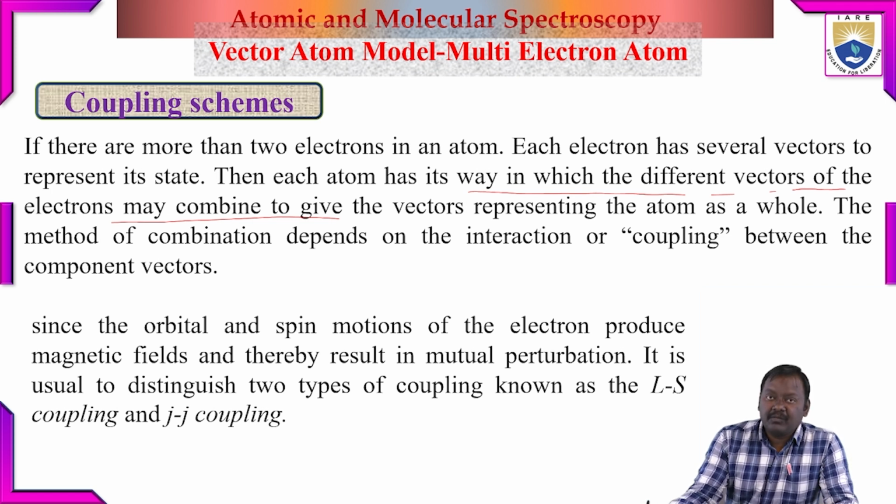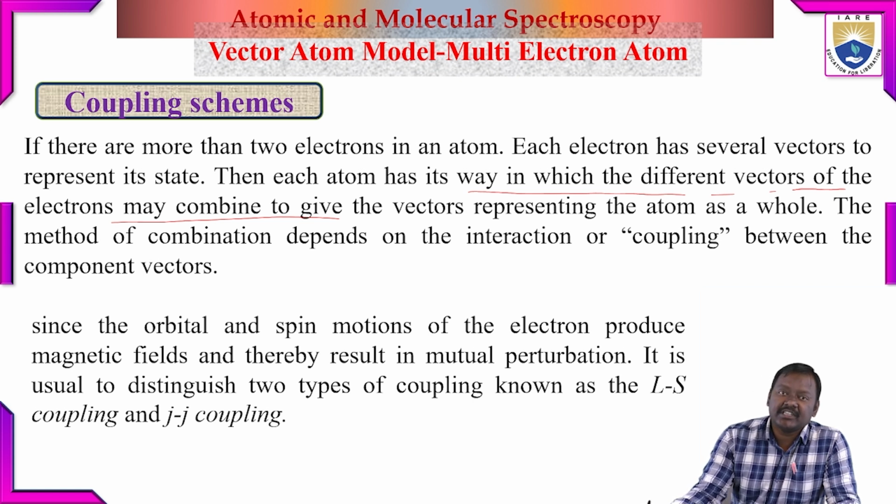But whenever we have the individual vectors for each and every electron, we can take different ways. There are different ways to represent the state of the electron or the state of the atom also, by combining these, what we call interaction, depending on the interaction of electrons or depending on the coupling.